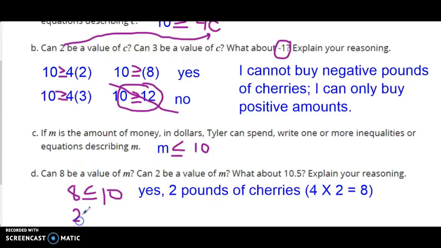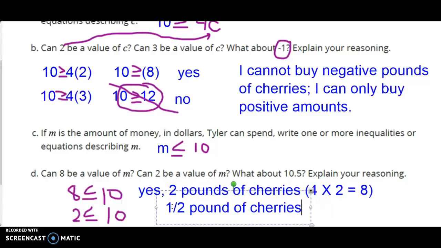But let's see how many pounds of cherries that would be. Because each pound of cherries is $4, I know that half a pound of cherries would end up being $2, because 4 times 1/2, or 4 divided by 2, equals 2. Could he just buy half a pound of cherries? Sure. So my answer to this question is also yes.